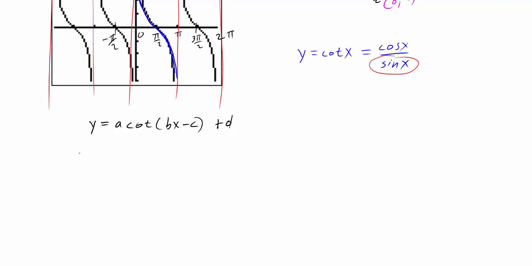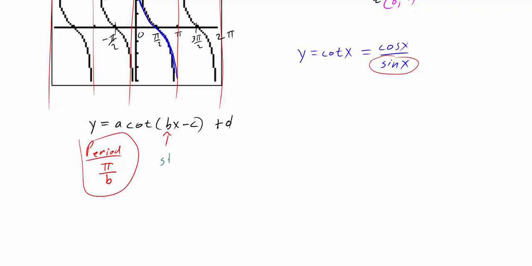But if we want to look at our, well, first of all, we'll think of the period, just like we did before. We're going to take pi divided by the coefficient, which is our b value. So to calculate the period, we're just going to take pi divided by b.